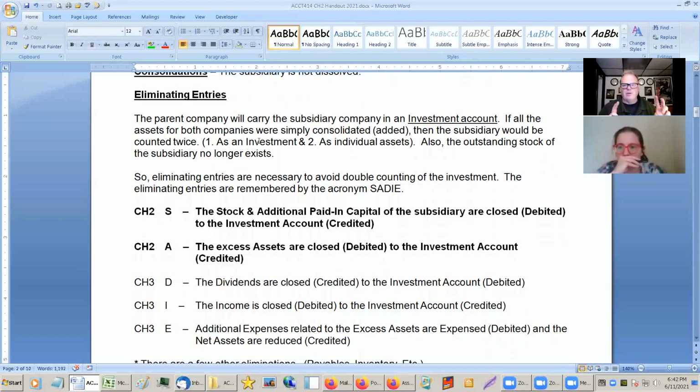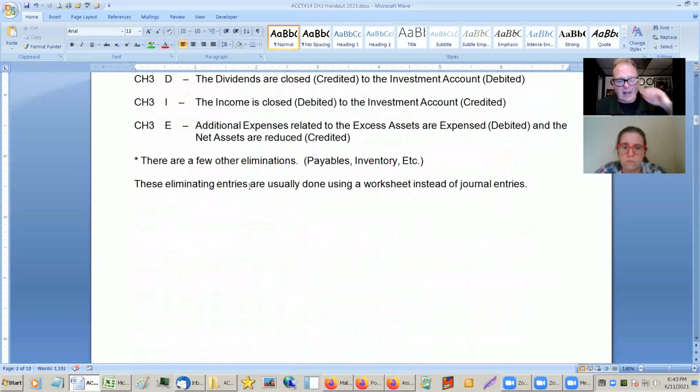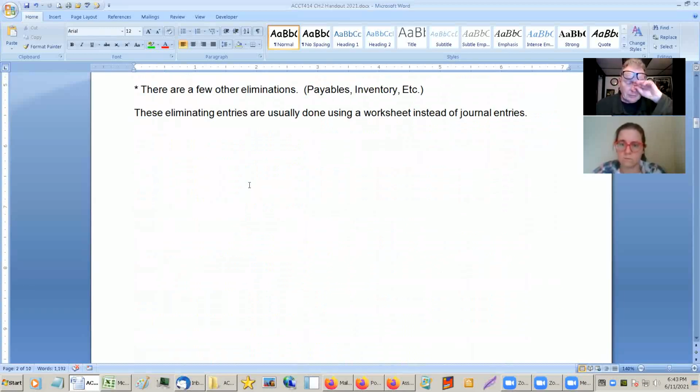Now there's a problem, and the problem is the investment account, because the investment account on the parent company basically is the entire other company. So if you take their financial statements and just add everything together, you're going to be counting it twice. You're going to pick up their assets and liabilities, and you're also going to have the investment account, which really is the entire other company. We'll get to those; they're on pages 8 and 9.